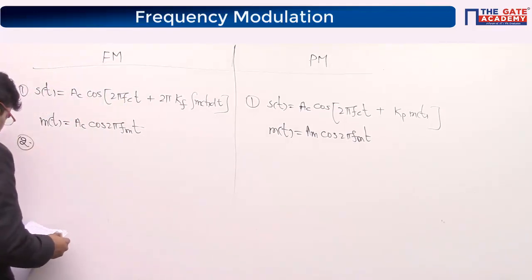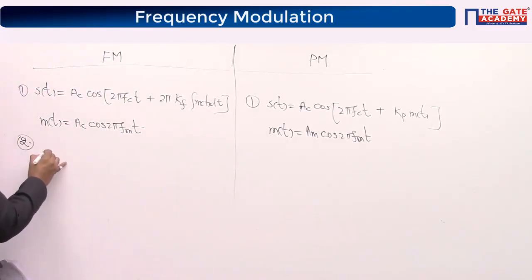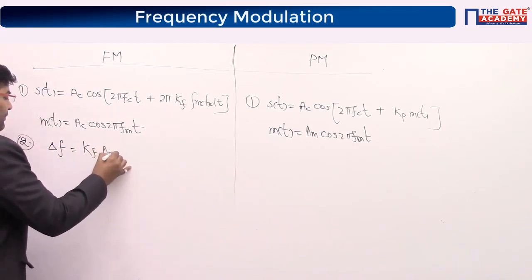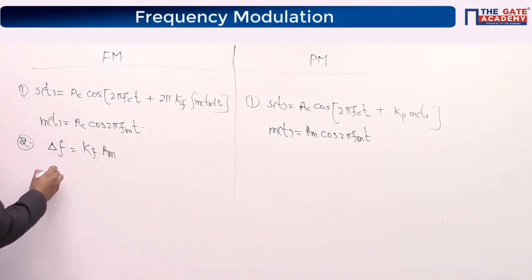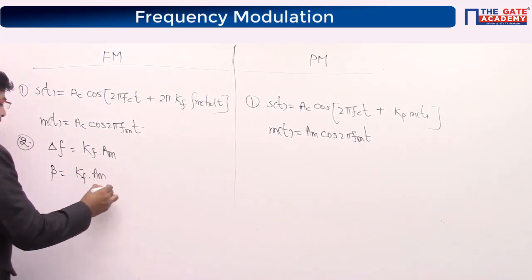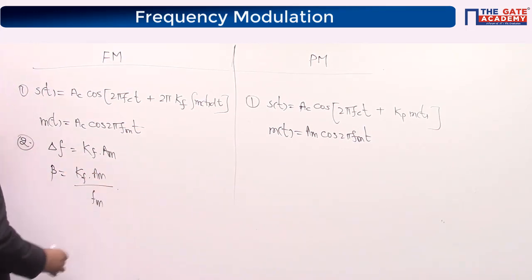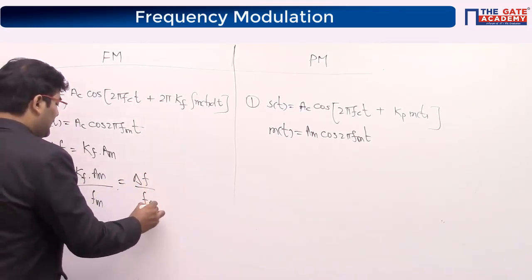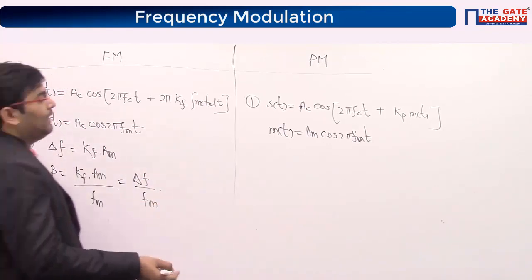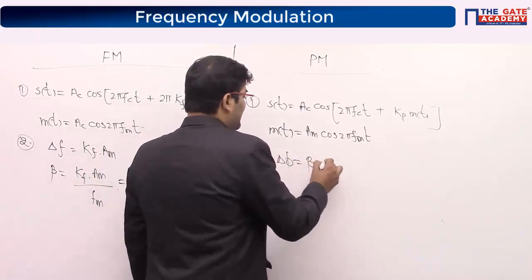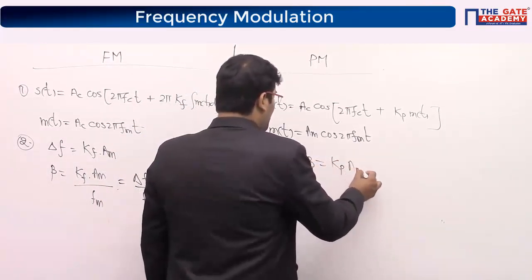Second thing, here in FM delta f is equal to Kf into Am, beta is equal to Kf Am by fm. I hope you guys remember. We can also write it as delta f by fm. But here in PM, delta phi is equal to beta equal to Kp into Am.